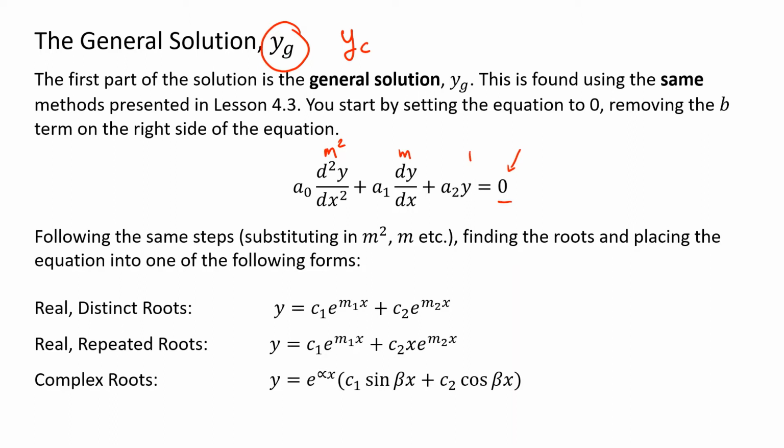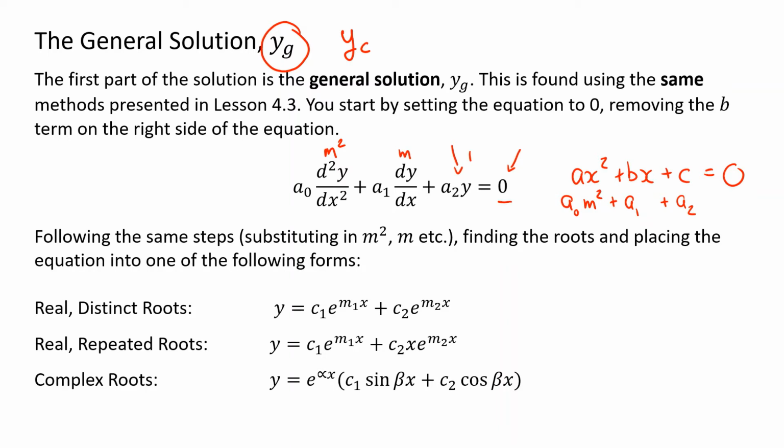So you end up with a quadratic roots expression. ax squared plus bx plus c equals 0 is our general form. For us, it's whatever our constant is behind the first term, a0 times m squared, plus the constant behind the first derivative, a1 times m, plus a2, which is our constant behind our function y, and that equals 0.